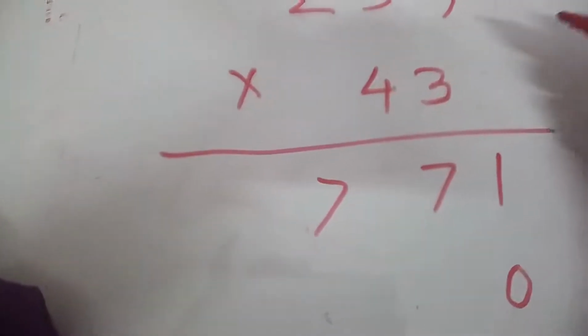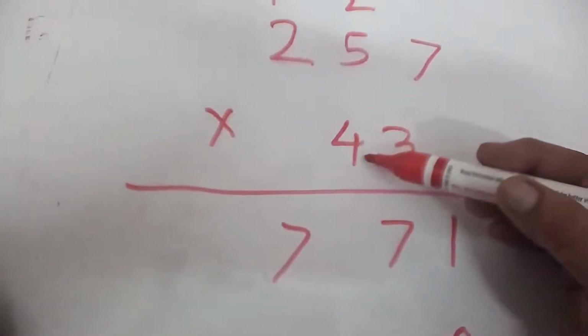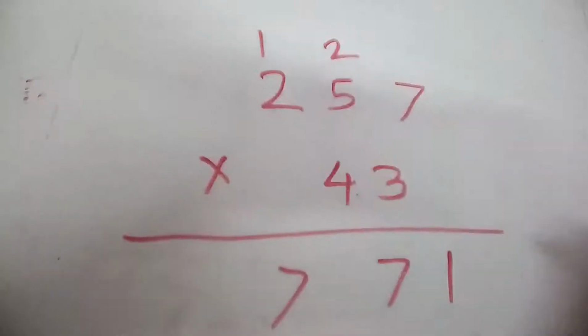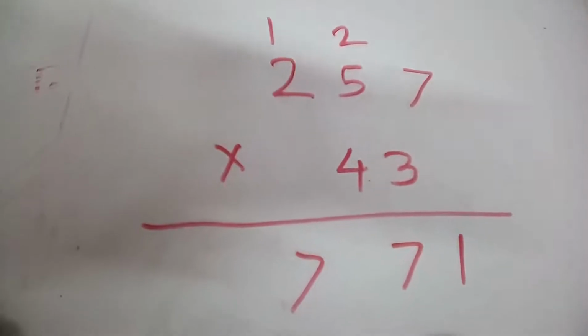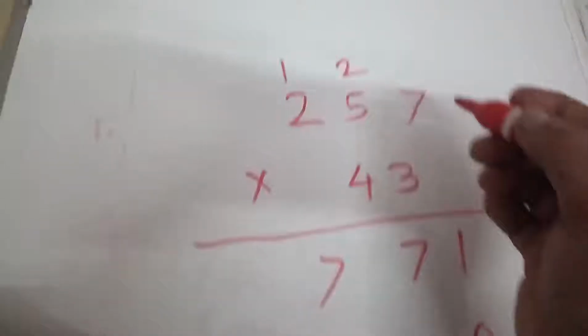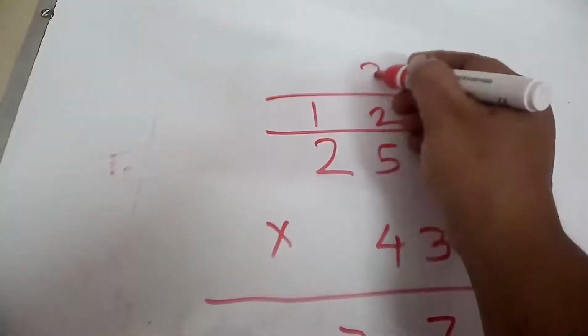And then start to multiply with 4. All these numbers with 4. 4 sevens are 28. So I will write here 8 and carry 2.